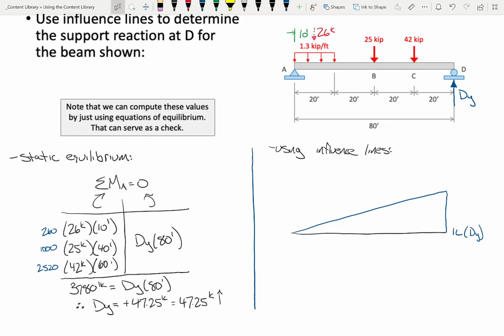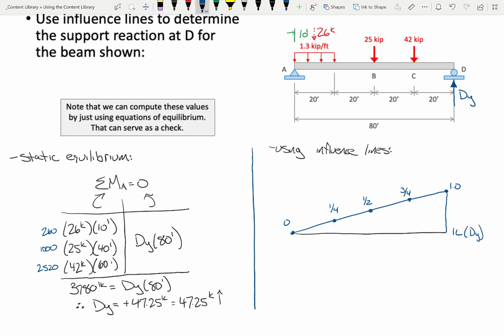The beam is 80 feet long, and the dimensions are in 20-foot increments. So would it be a stretch to say that this is 1/4, 1/2, 3/4, and 1.0? Is that okay?